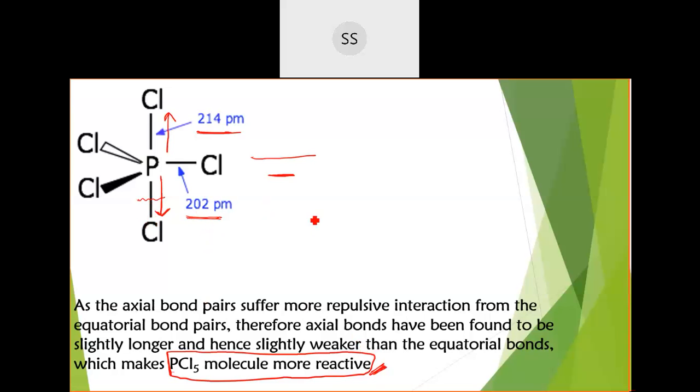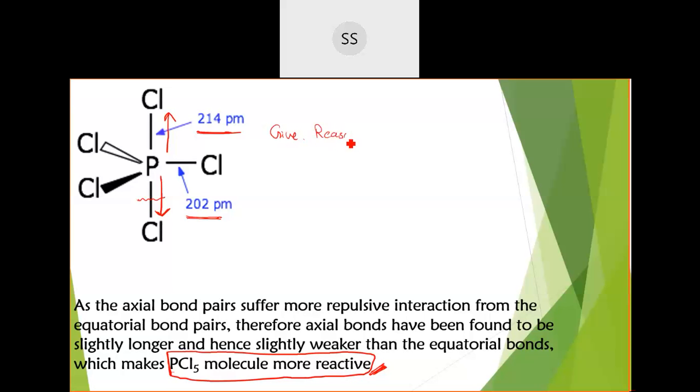So you can write it as: give reason why PCl5 molecule is more reactive. I'll write the question above.